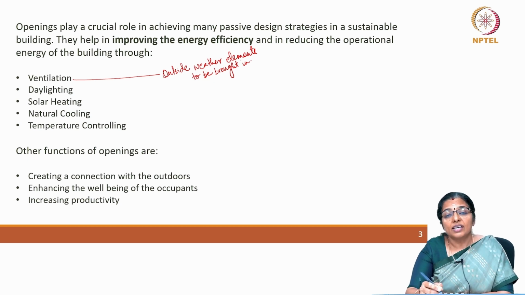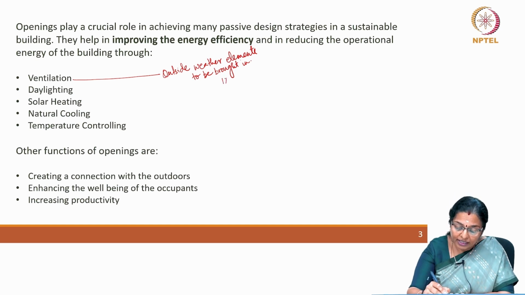It means that there is a substantial improvement in indoor air quality, because the stale air from inside moves out and fresh air from outside comes in, and therefore the indoor air quality becomes much better.